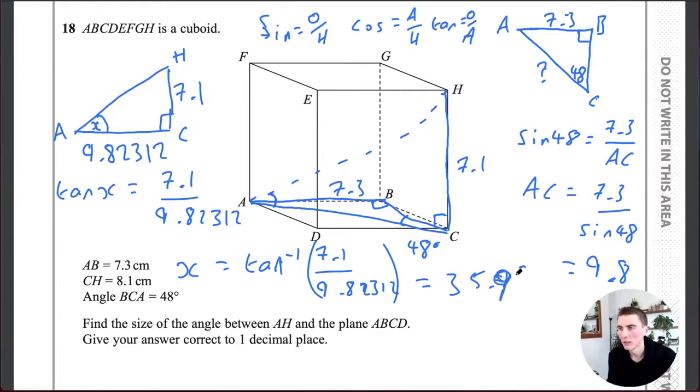But I should have used 8.1. So this should have been 8.1, like it says here, and this should have been 8.1. I've just copied it down wrong. So the actual answer, sorry, should be 39.5 degrees. That's what the answer should be.